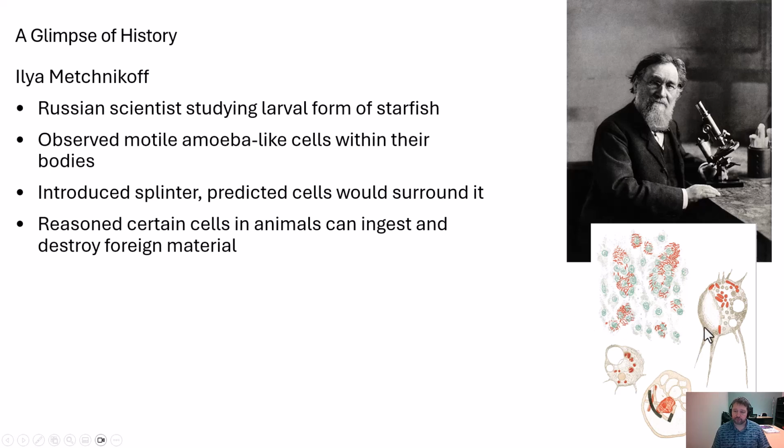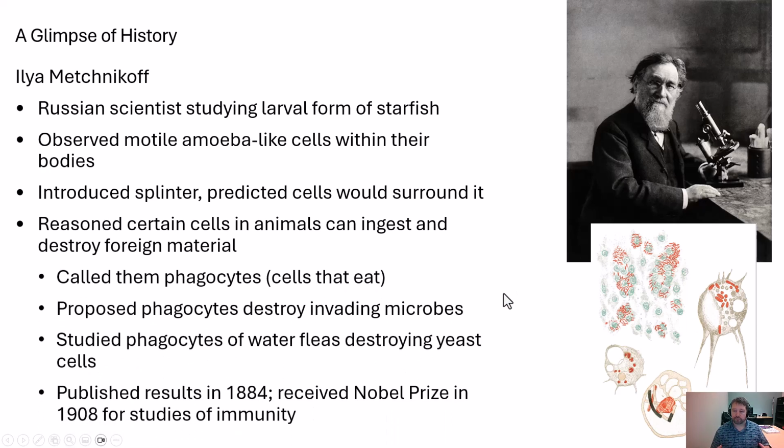So he noticed that they were eating the bacteria, and coined the term phagocytizing, or phagocytes. He called these amoeba-like cells in the blood system phagocytes, cells that eat. And he proposed that their purpose was to destroy invading microbes.